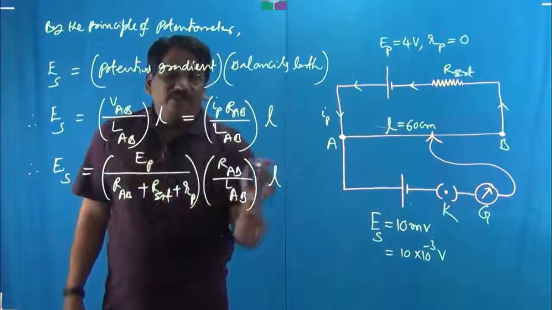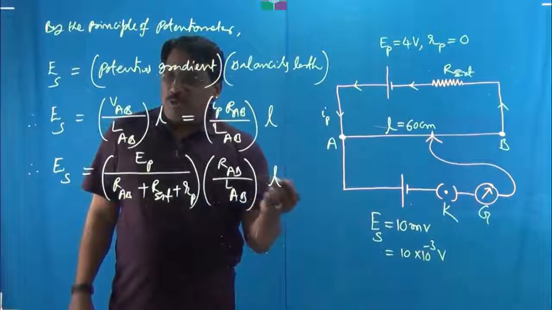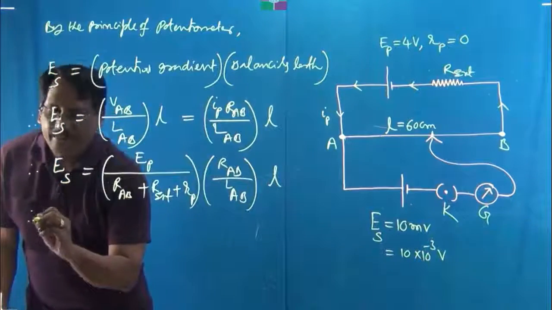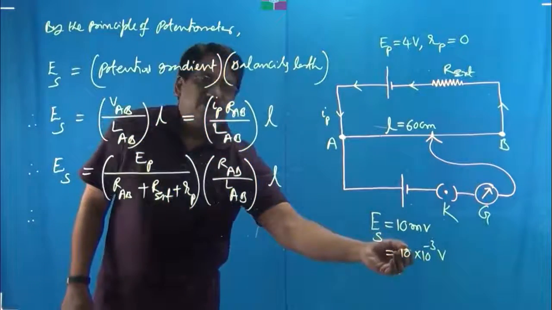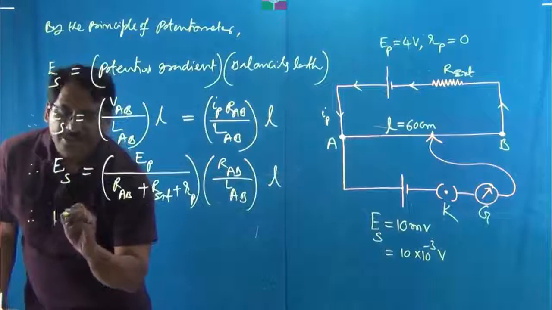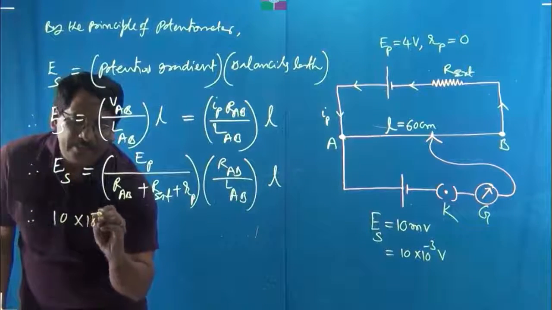Now after having this formula with us, we can go for substitution. Therefore, what is EMF in the secondary circuit? 10 millivolts, that is 10 into 10 power minus 3.